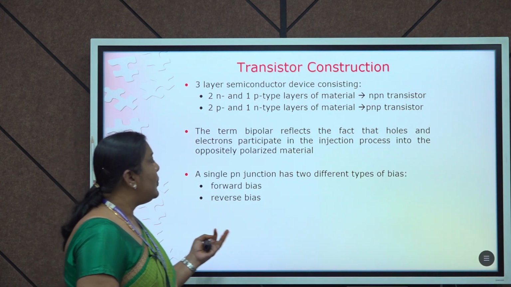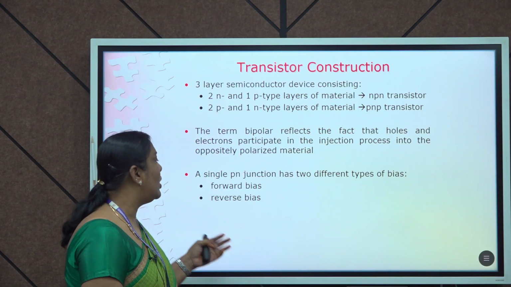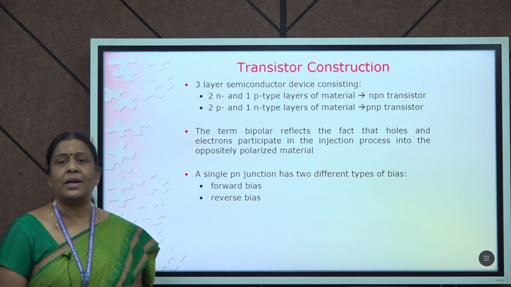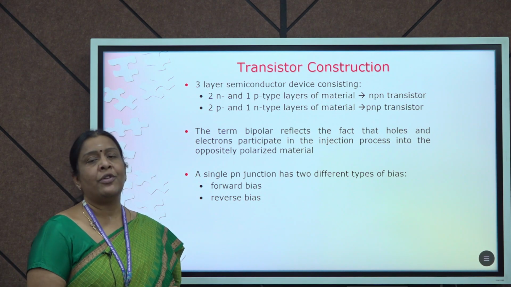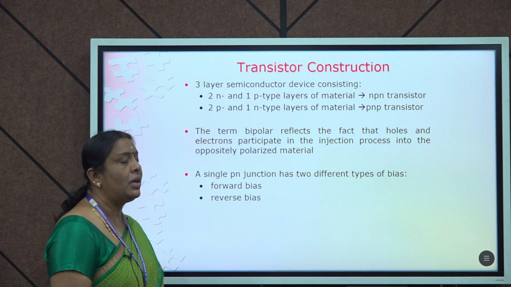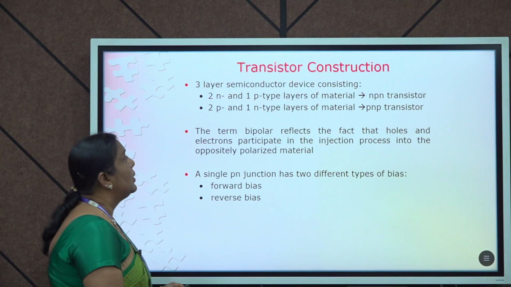A p-n junction diode has two different types of bias, forward bias and reverse bias. Also, in transistor configuration we have two different types of characteristics, input characteristics and output characteristics.